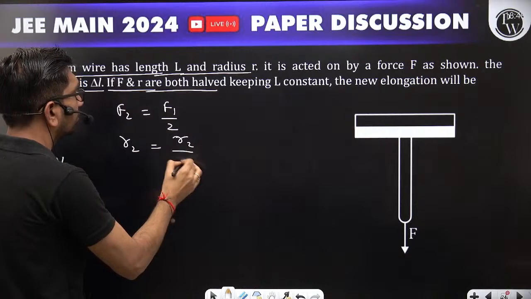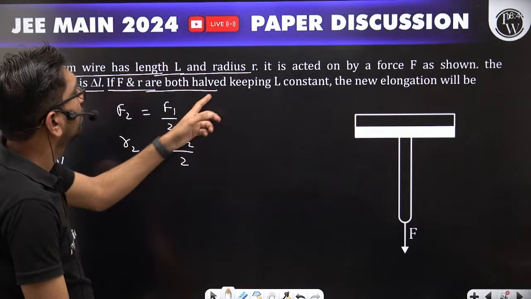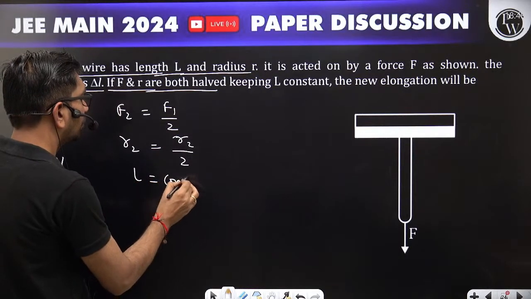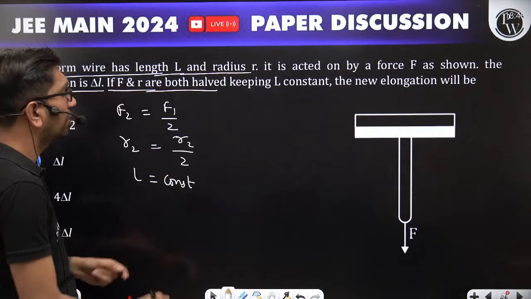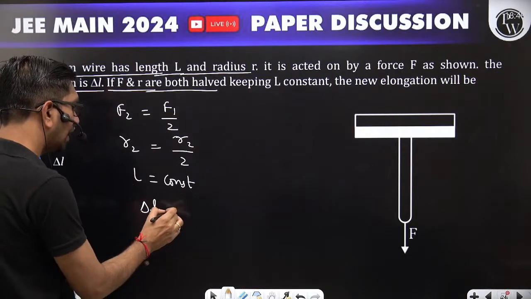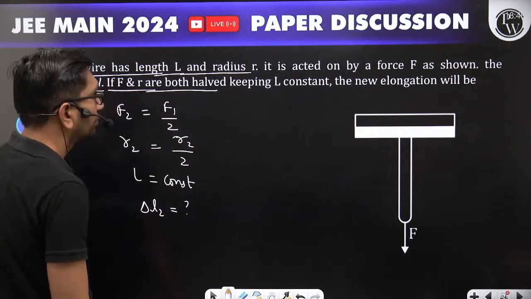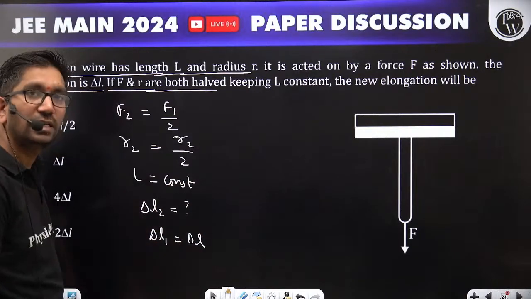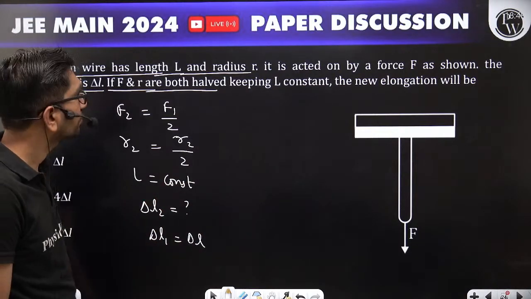This is the data he gave, keeping L constant. The new elongation delta L2 we have to calculate, and for delta L1 we write delta L. Is it clear?